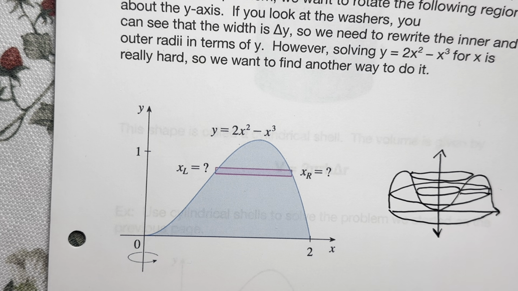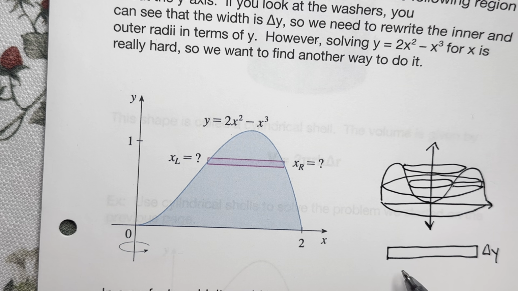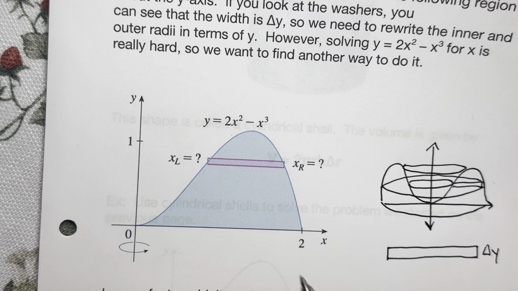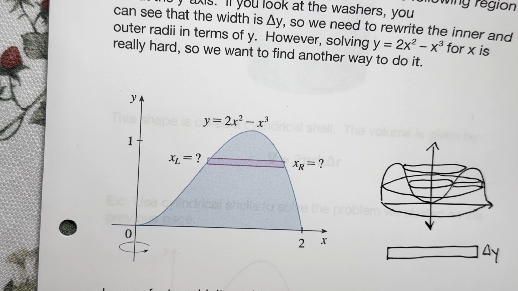And the thing is, if our cross section looks like this, it is delta y, right? Because it goes up and down. And so we need to find an expression for each of these values in terms of y.